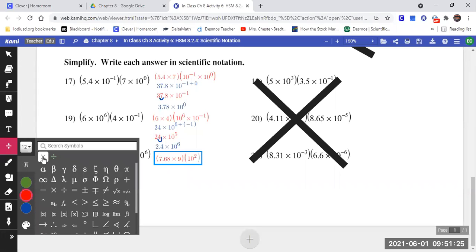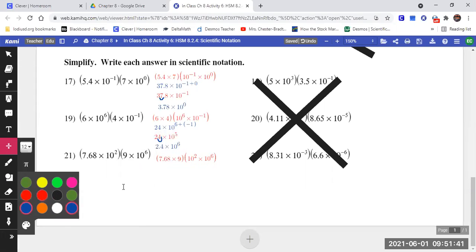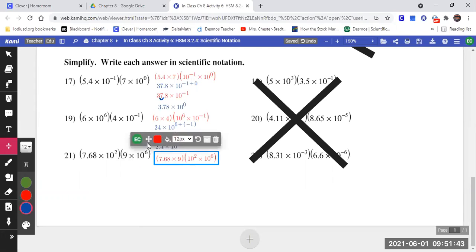That's the hardest part. Make sure you get off the exponent, times 10 to the 6. All right, do the calculator for the number. We're going to do our rule for the exponent. What is 7.68 times 9?